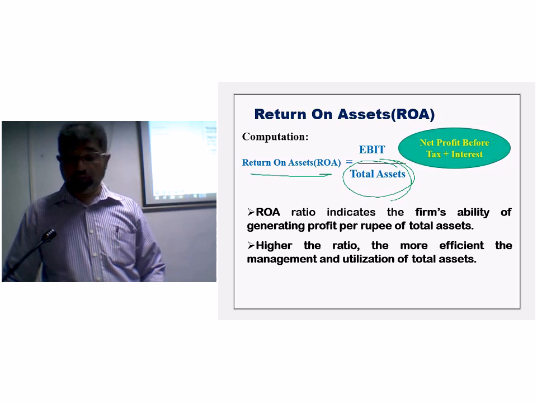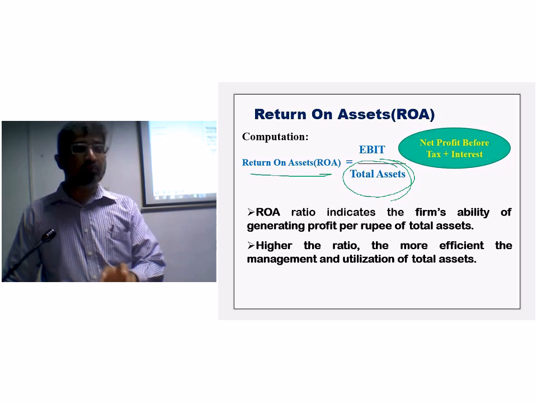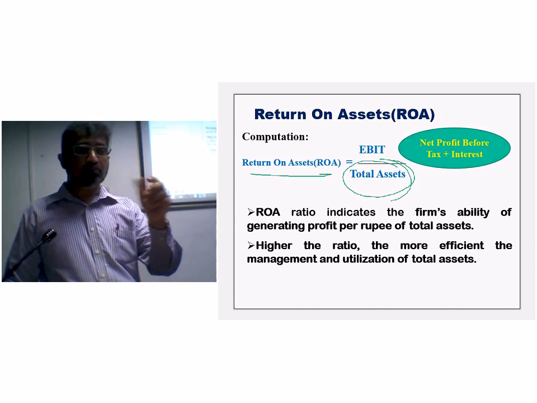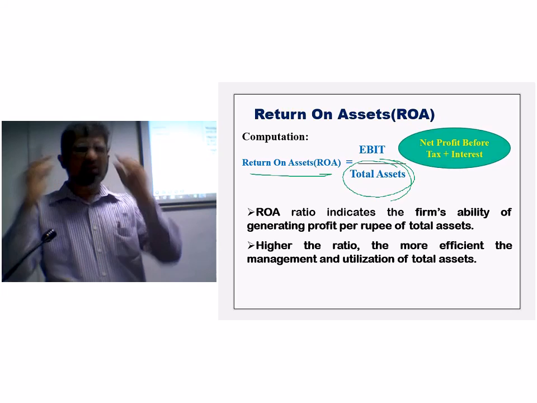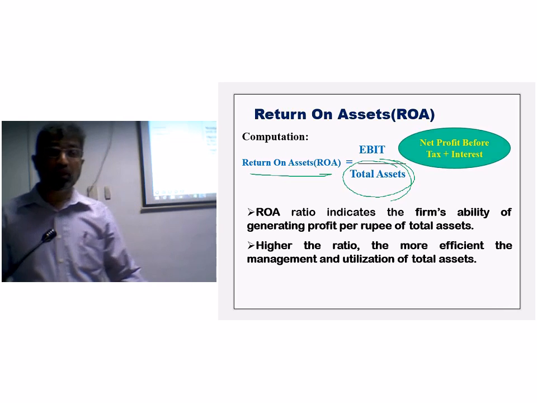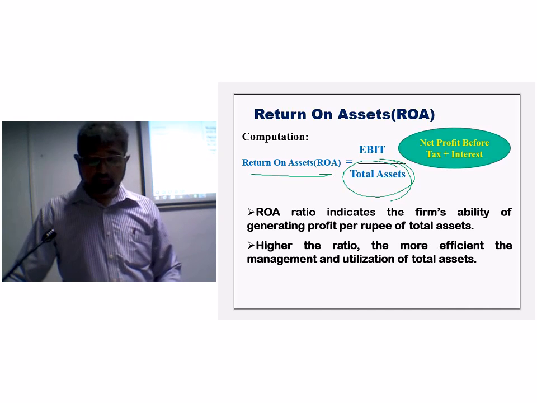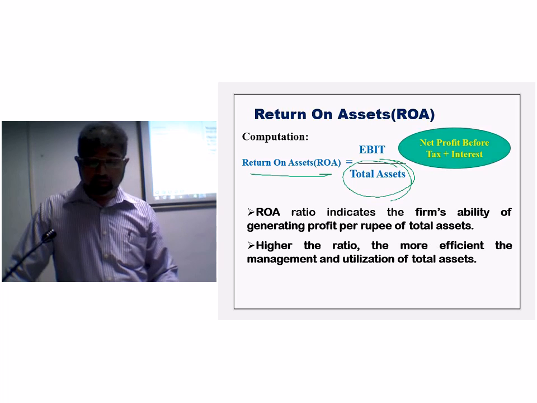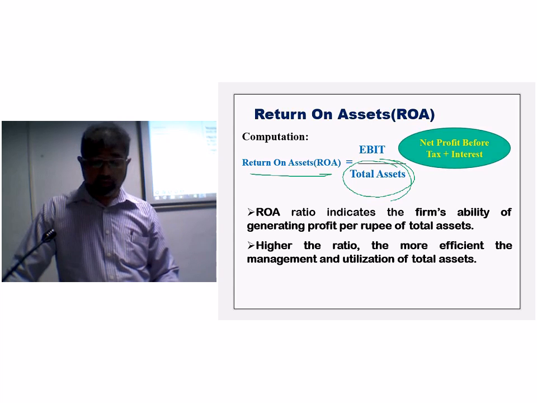Again, we are going to measure the relationship between net profit after tax and shareholders' fund. Here, net profit means net profit for the equity shareholders, as a percentage of total equity.